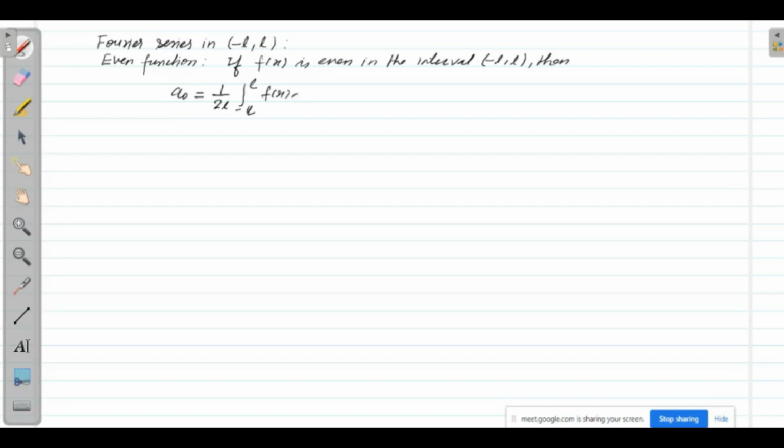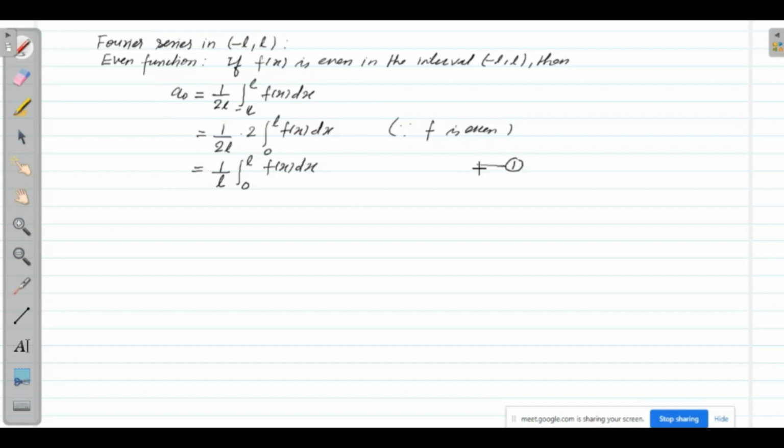But f is an even function, so this can be written as 2 times integration of limit 0 to L f of x dx. Why is this so? Since f is even, by the property of definite integral. So this 2 and this 2 will cancel, and you will have only 1 upon L integration of limit 0 to L f of x dx. So this is the formula for your a naught.